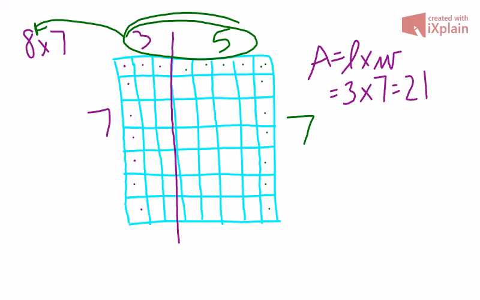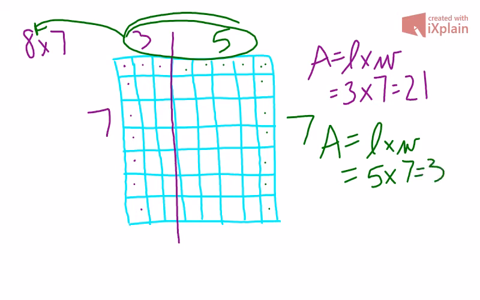Now I need to find the area for the green side. So now I have area equals length times width, which is 5 times 7.